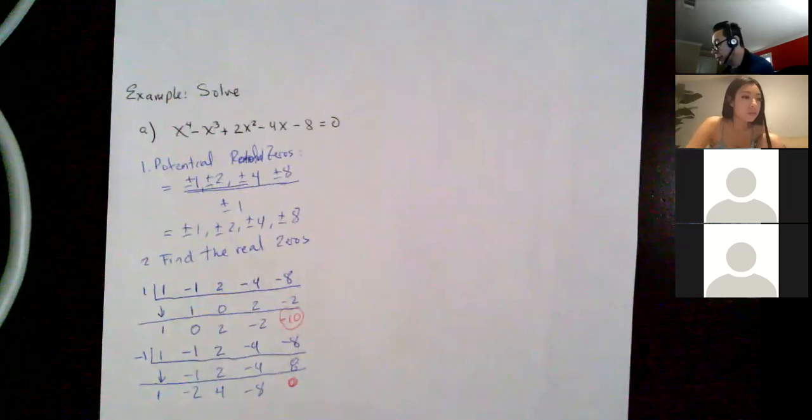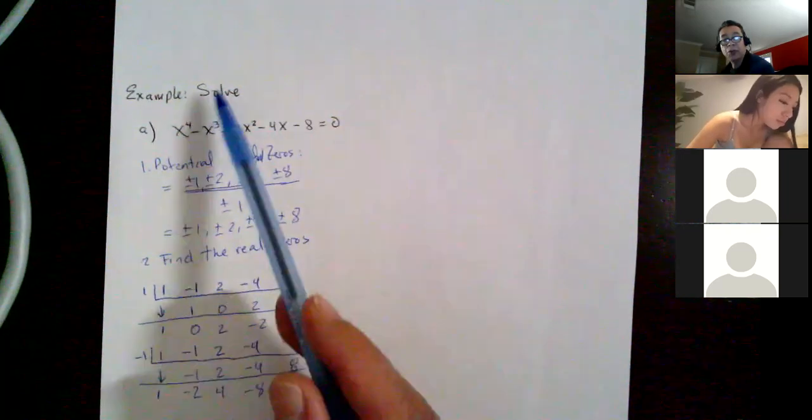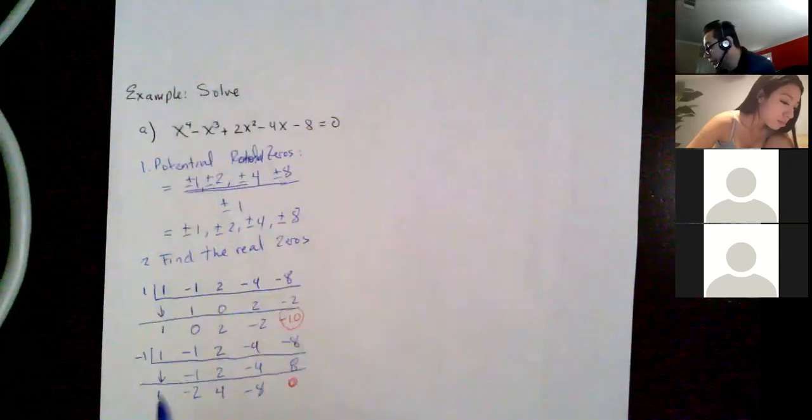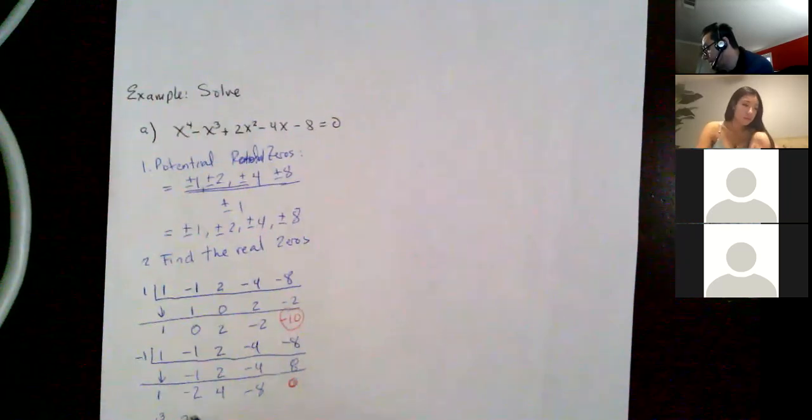All right, so we're going to do the same as we did before, you guys. And notice what we're left with here. Let's write the polynomial that we're left with. Since we started with x to the fourth, the polynomial here would be x cubed minus 2x squared plus 4x minus 8. Perfect.